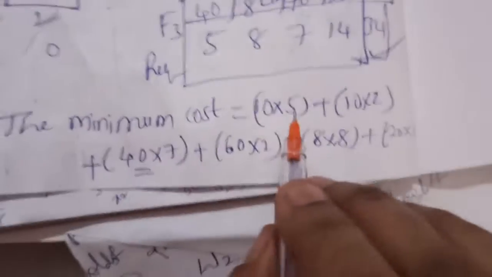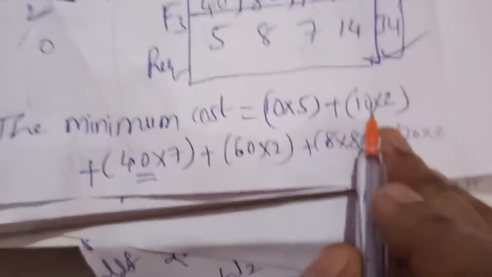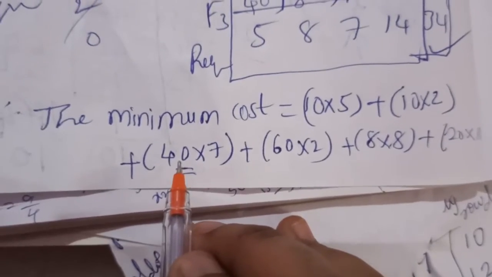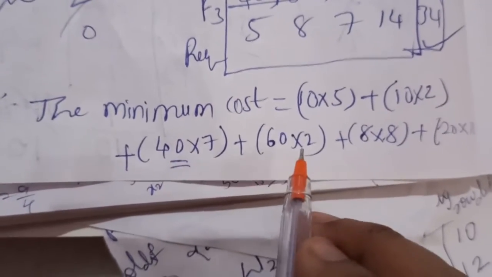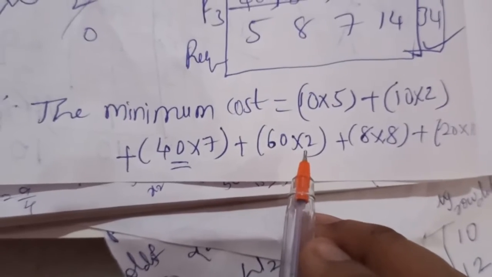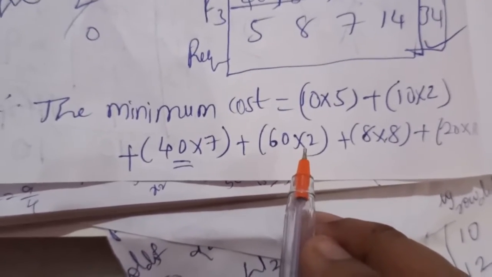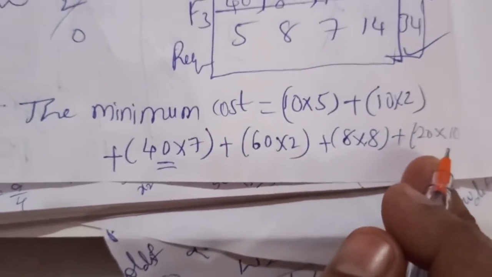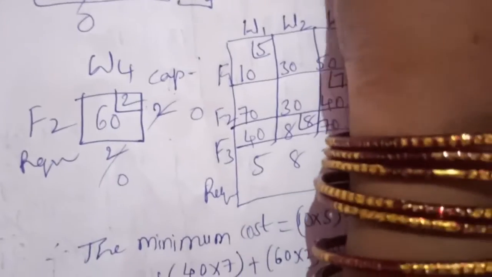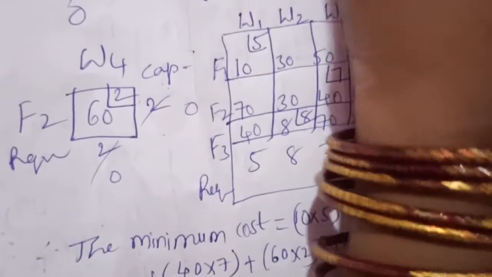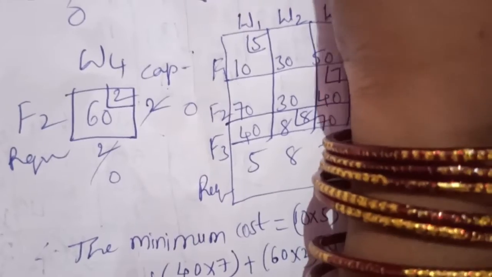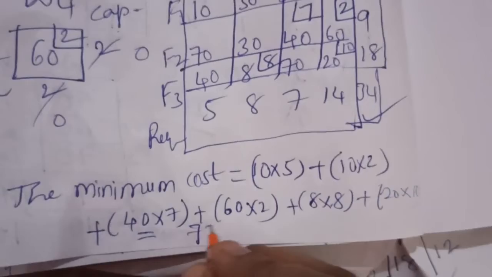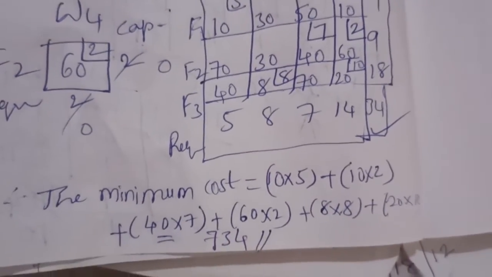So 50 plus 20 is 70, 70 plus 280 is 350, 350 plus 120 is 470, 470 plus 64 is 534, 534 plus 200 is 734. That is the minimum transportation cost we got.